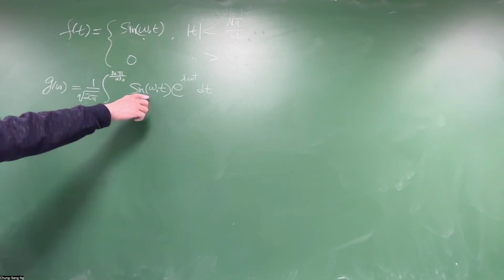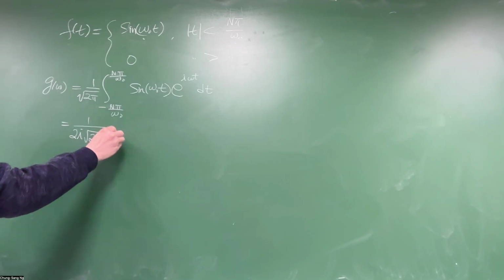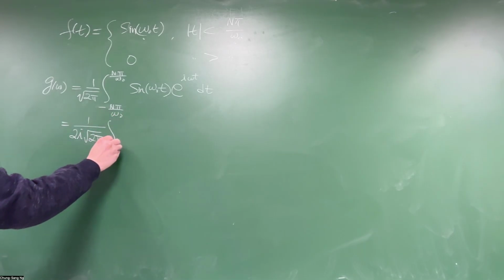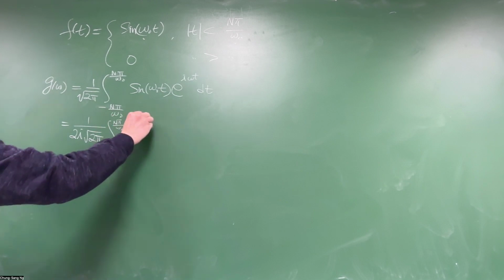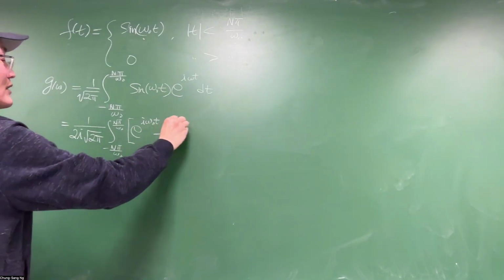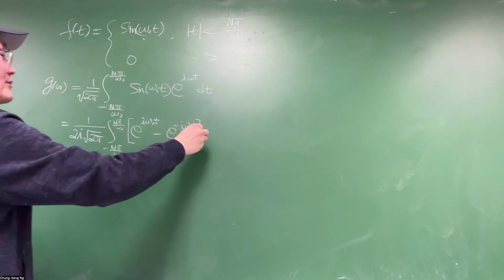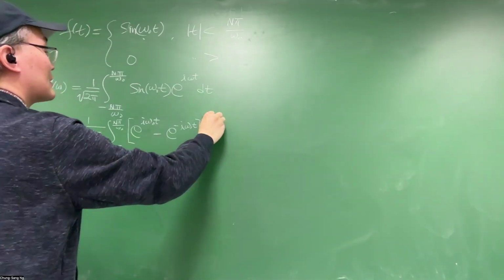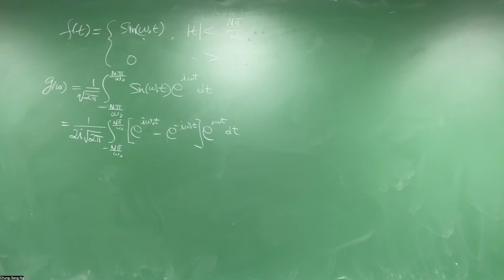And then let e to the i omega sub 0 t minus e to the minus i omega sub 0 t, substitute, and then multiply by the rest.